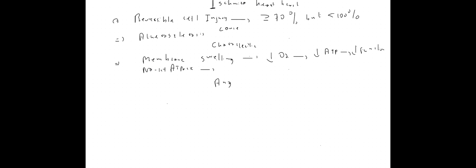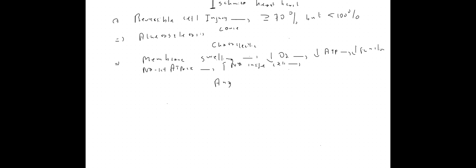Because when you reduce the blood flow to the heart, you have reduced oxygen supply as well. When you reduce the oxygen supply, it will inhibit your electron transport chain, and you get reduced ATP, and that reduced ATP will lead to reduced function of sodium potassium ATPase. As a result, it will lead to increased sodium inside the cell, which is going to lead to membrane swelling.